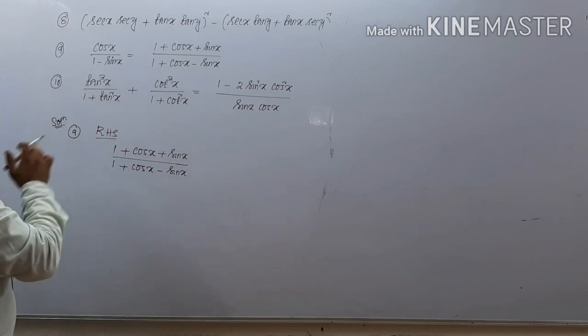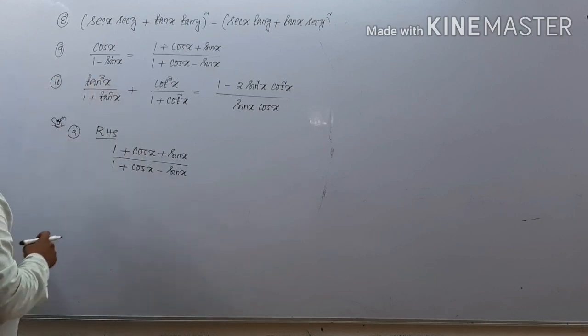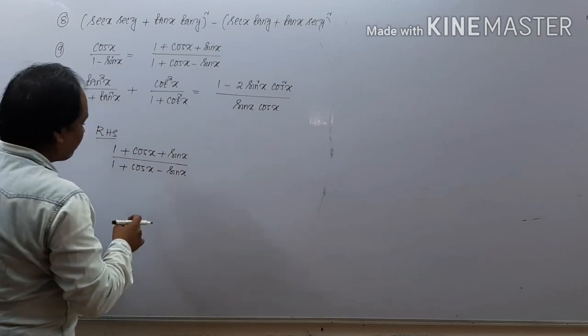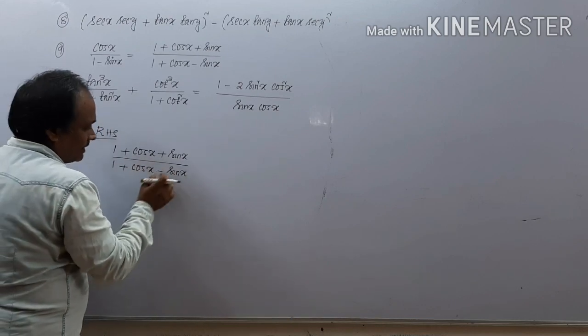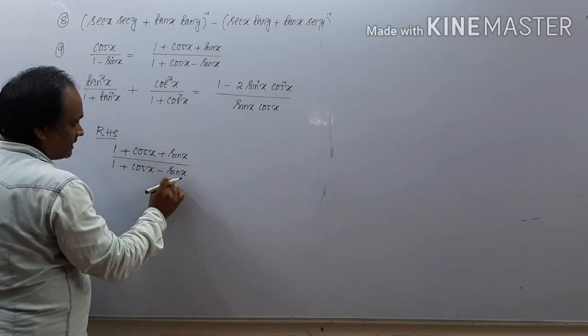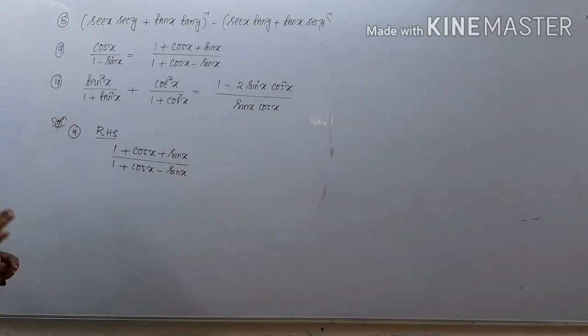To evaluate this expression, we have to rationalize this denominator. That means we have to multiply by the opposite sign of this expression, that means 1 plus cos x plus sin x, in the numerator as well as in the denominator, right?